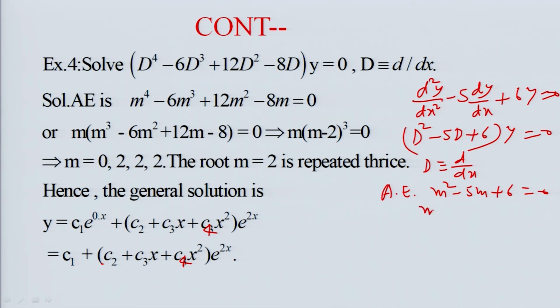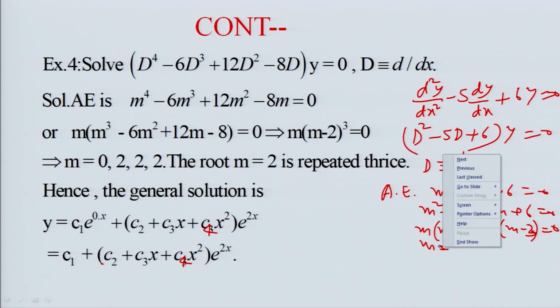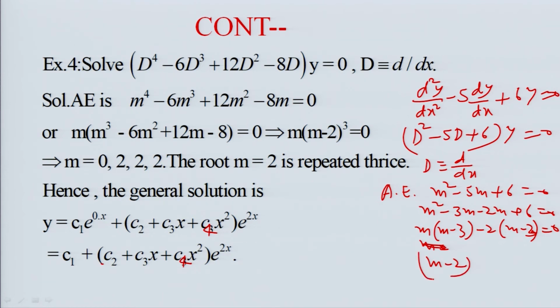Here we factorize into linear factors: (m minus 3)(m minus 2) equal to 0, which means m is equal to 2 and 3.